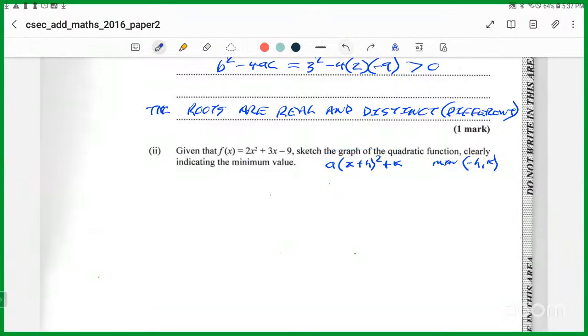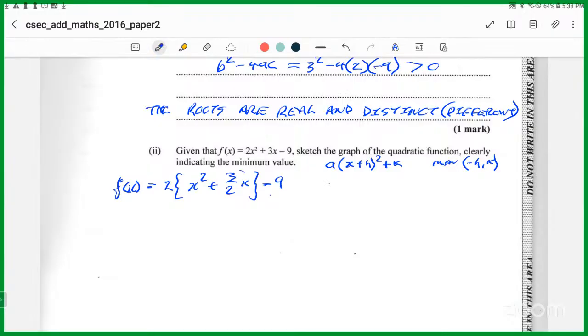Let's do it. Completing the square, f of x is going to be, at CSEC we taught it using a formula method, but we're going to do a process method now. So you factorize the first 2 terms first. Factor 2 out, and we get 2 into x squared plus 3 over 2 x, and then subtract the 9 again.